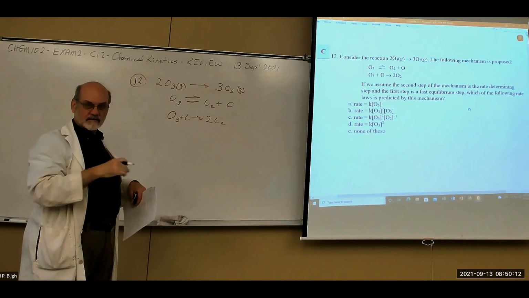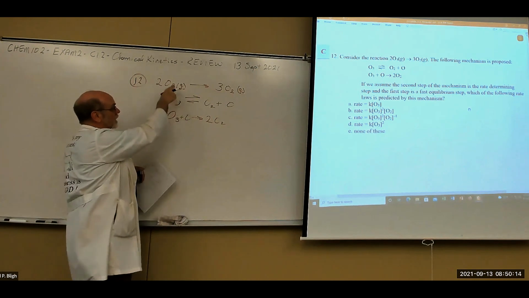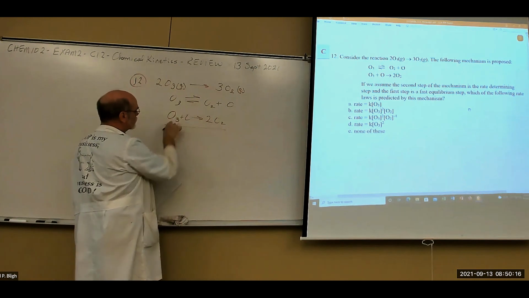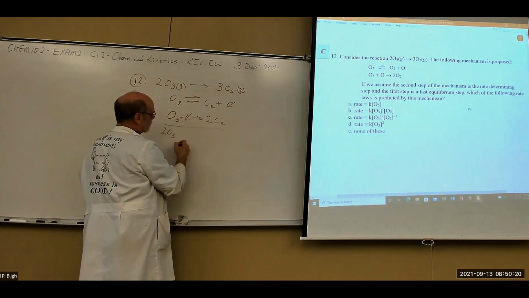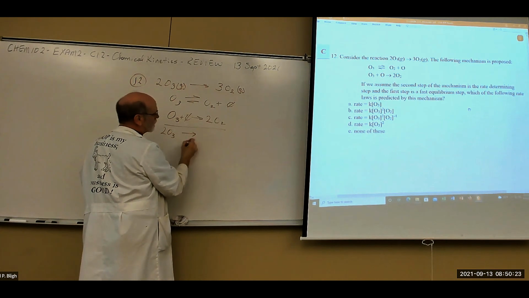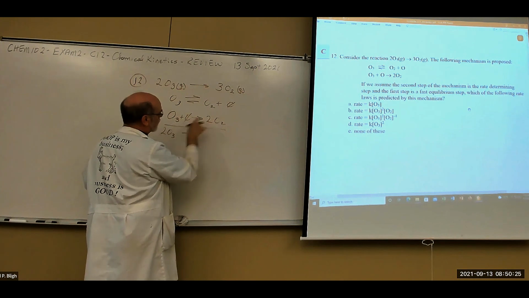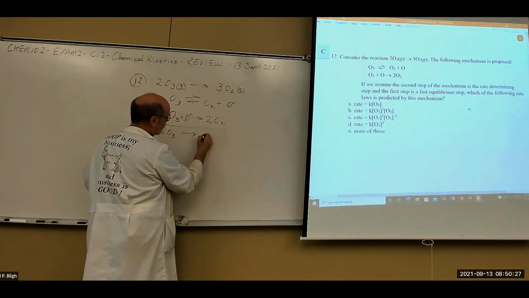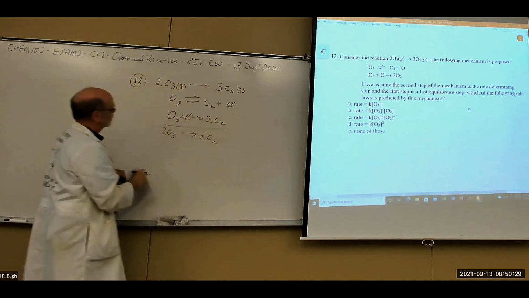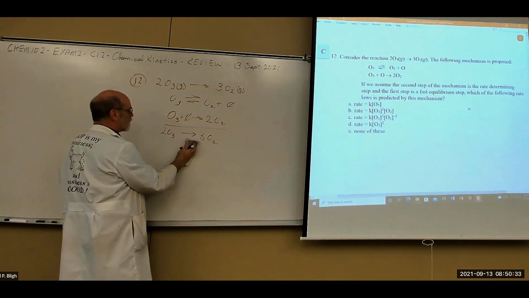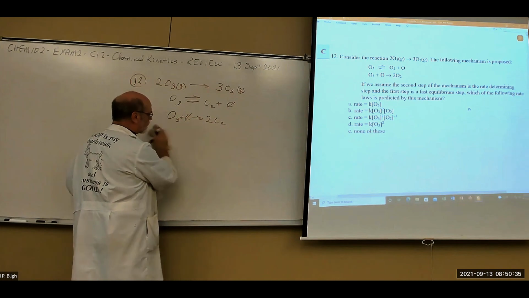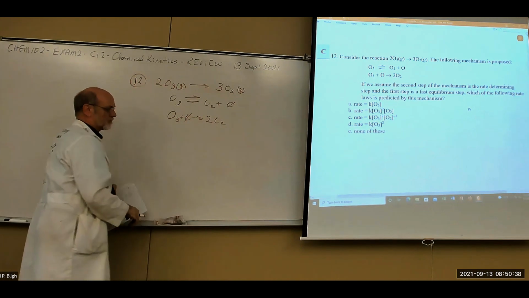We have to sum them together and get the overall equation. So these two together, these two here cancel. And then 2 here and a third one there. So it looks like, yes, it's valid. Sum the equations and you get the overall equation. So that's good.